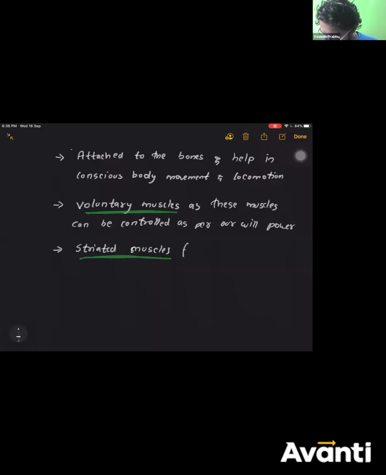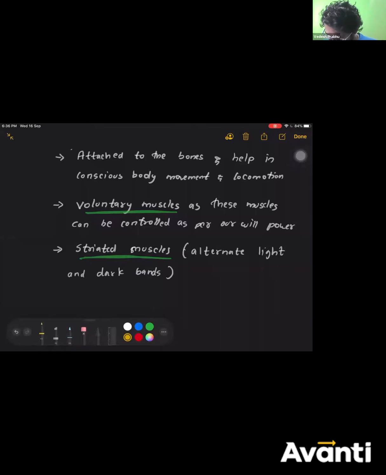I'm going to write here: alternate light and dark bands, called striations, are present.